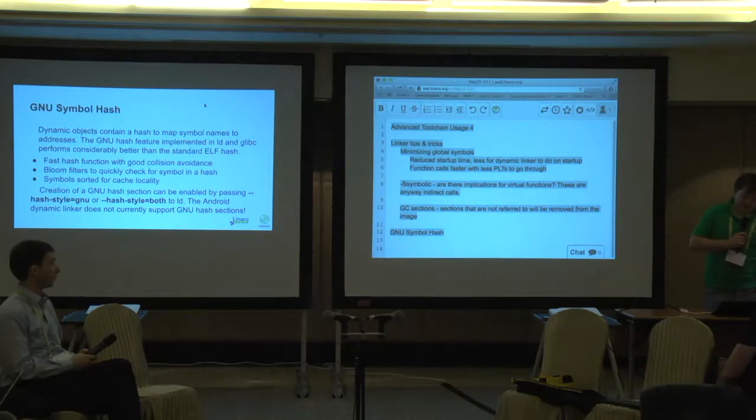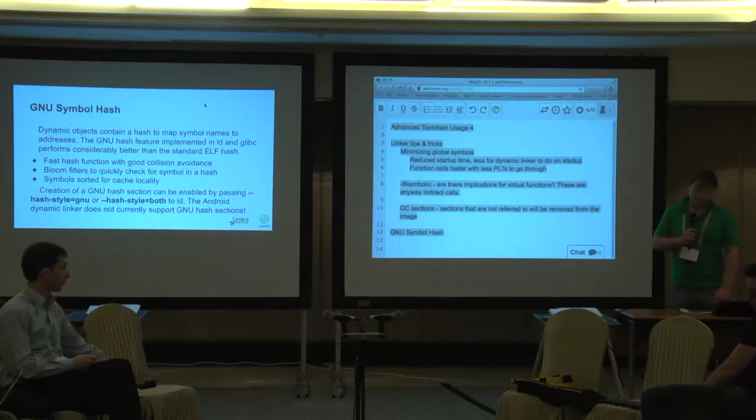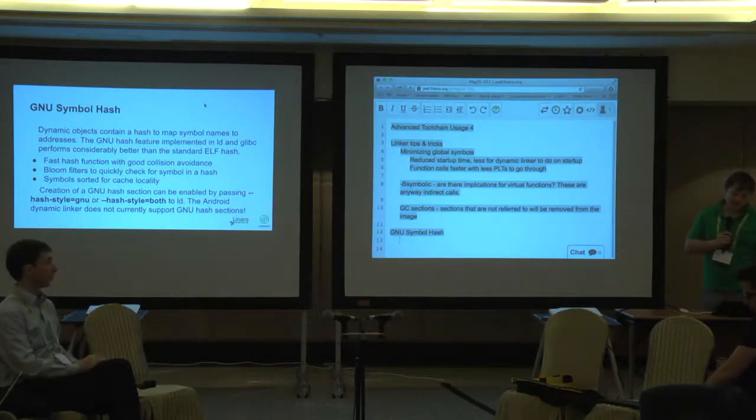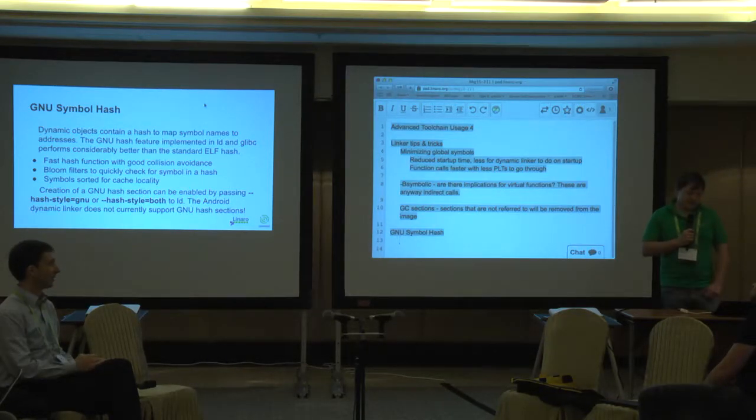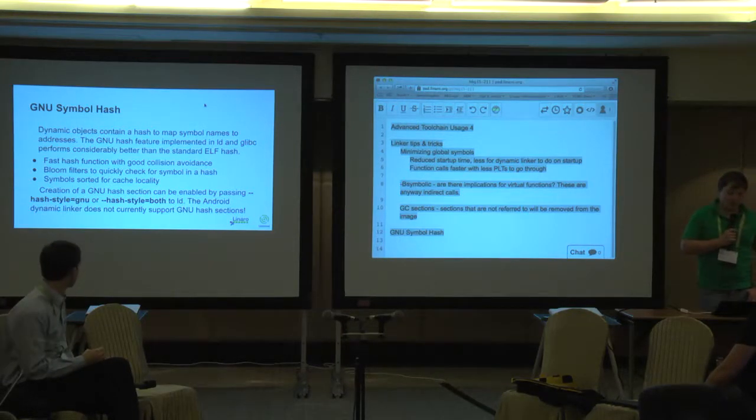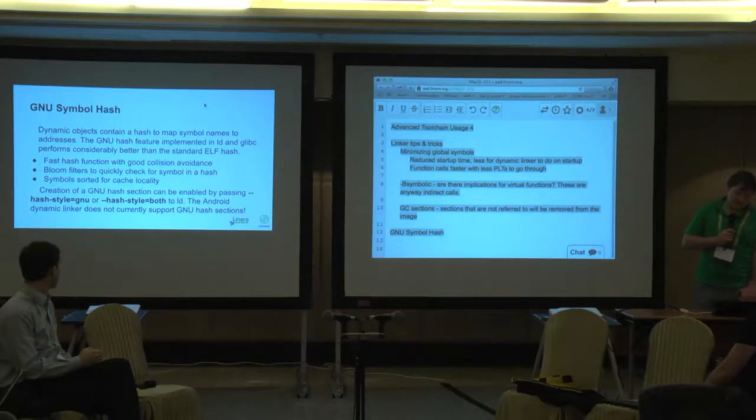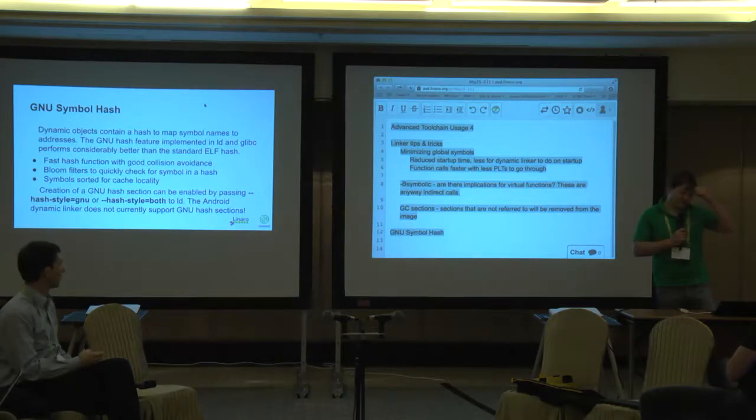It's not just a better hash function, it also adds Bloom filters, which are kind of like hash functions, which let you do a quick check on a hash chain without having to walk all the way down it as to whether something's in it or not. And there's also a sorting step which improves the cache locality of symbol lookups.